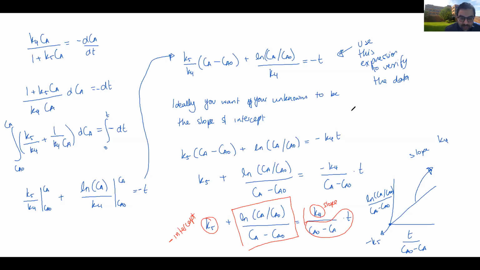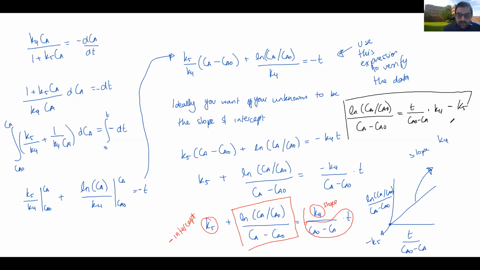So what I'm trying to plot basically will be ln CA over CA naught divided by CA minus CA naught is equal to t over CA naught minus CA multiplied by K4 minus K5, right? Okay, and this is the equation I want. Now let me move to Excel, and we'll take it from there.